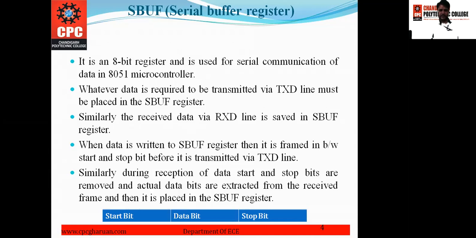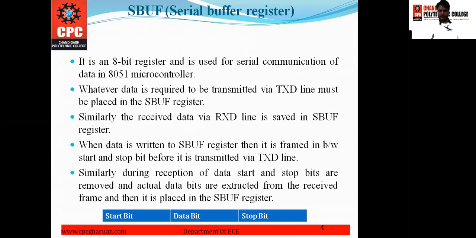When data is written to the SBUF register, it is framed between a start bit and a stop bit. Before transmission, we have to frame the data that has to be transmitted. We use the start and stop bits before sending the data to the receiver.